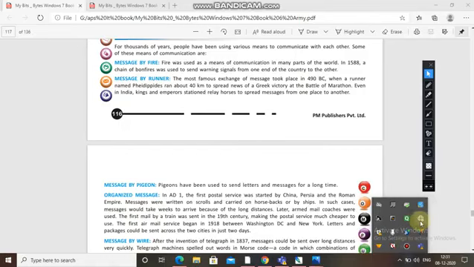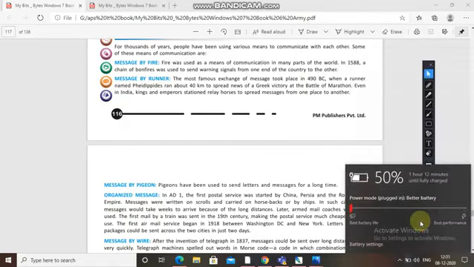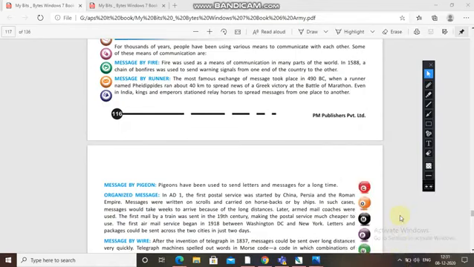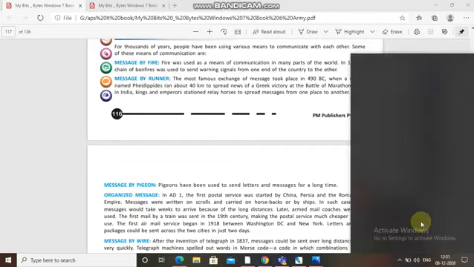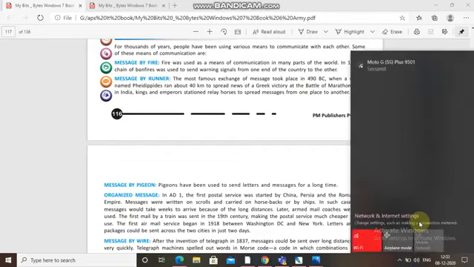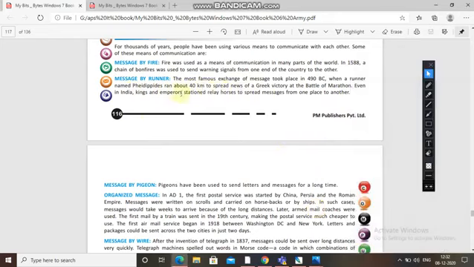Next, message by runner. The most famous means of communication for sending messages took place in 490 BC, when a runner named Phidippides, remember this word, Phidippides, ran about 40 kilometers to spread news of the Greek victory at the Battle of Marathon.